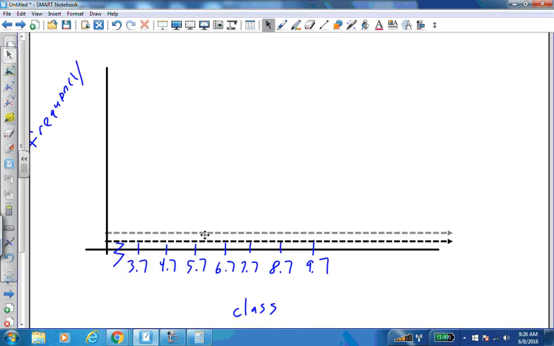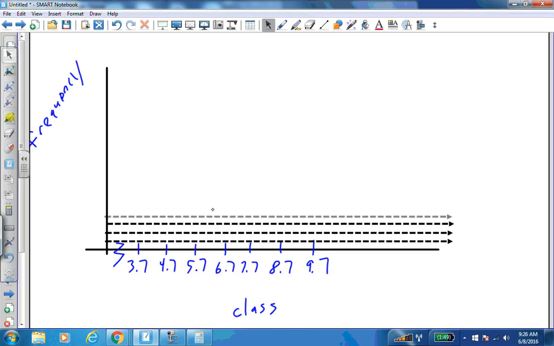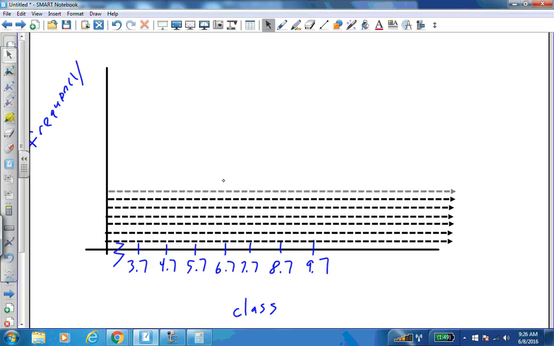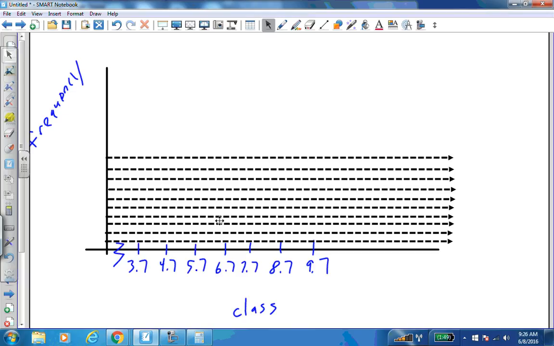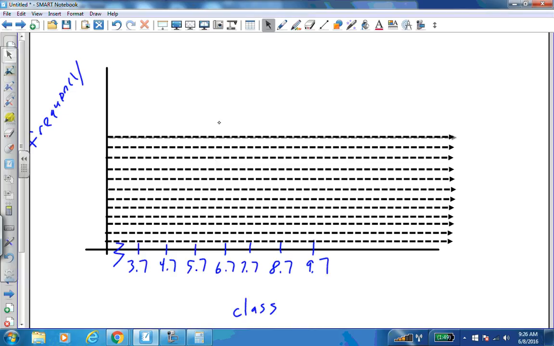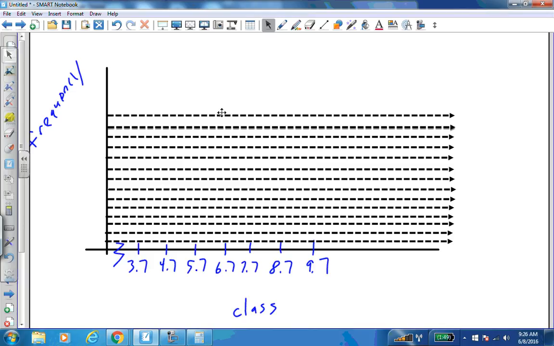So that would be 2, 3, 4, 5, 6, 7, 8, 9, 10, 11, 12, 13, 14, 15. And notice I didn't get those perfectly spread out evenly. It should be, but I didn't get them that way.